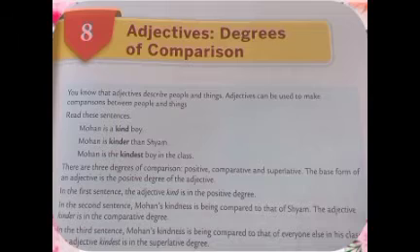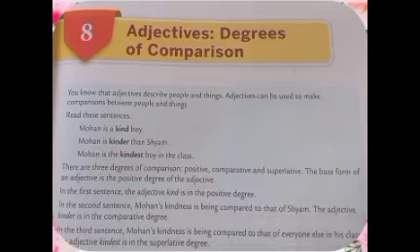So when will we use the third form, that is the superlative degree? If we want to compare any person or animal or thing with the remaining all, we use the superlative degree.